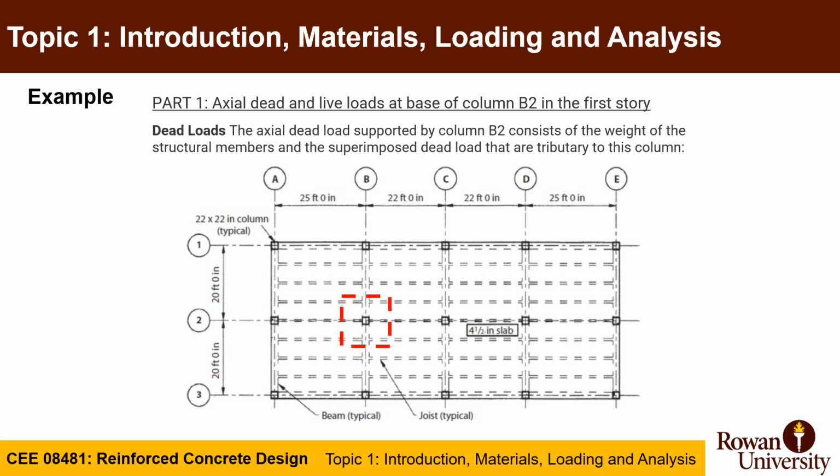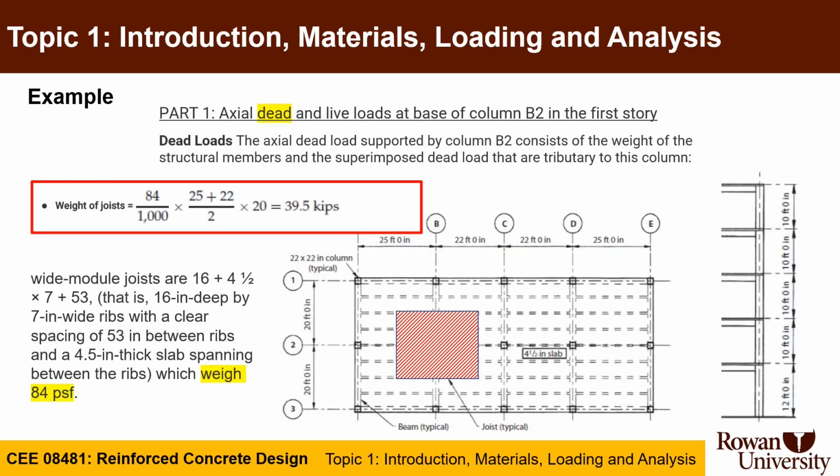And as you can see, if you focus on the dead load on this column, B2, this column is actually carrying the slab first, and because the beam runs in this direction, the column tributary area will be the average of this distance, 2 spans here, and the average of the 2 spans here. And as you can see, the load on the column has to be in kips.